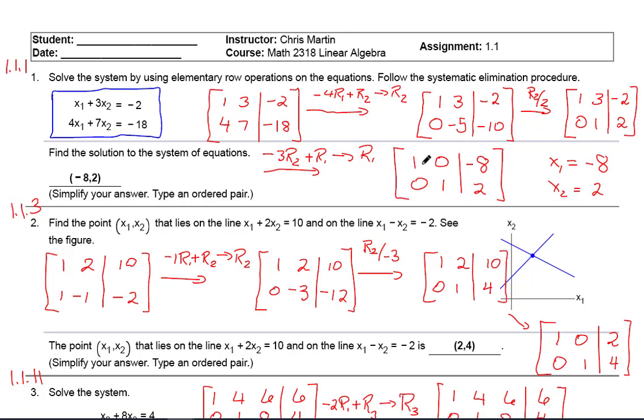Where I want to get to is a matrix that looks like ones on the main diagonal, zeros in the other places, and some numbers on the right hand side.